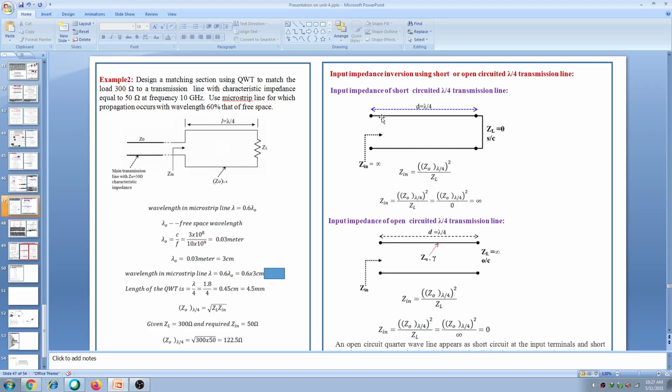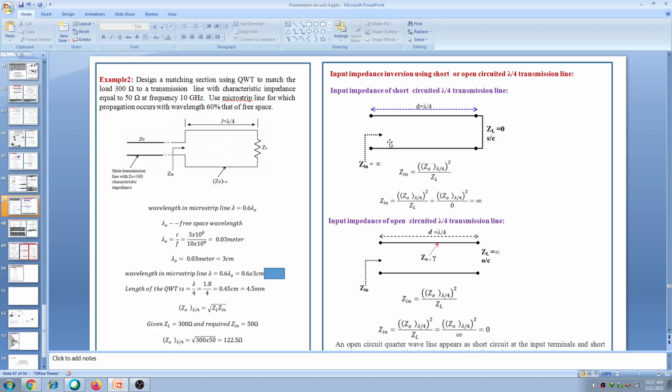Now I have taken a lambda by 4 line, short circuit at the one end. You measure the impedance here, and it is equal to infinity. It looks like there is an open circuit here. The ohmmeter shows infinite impedance.